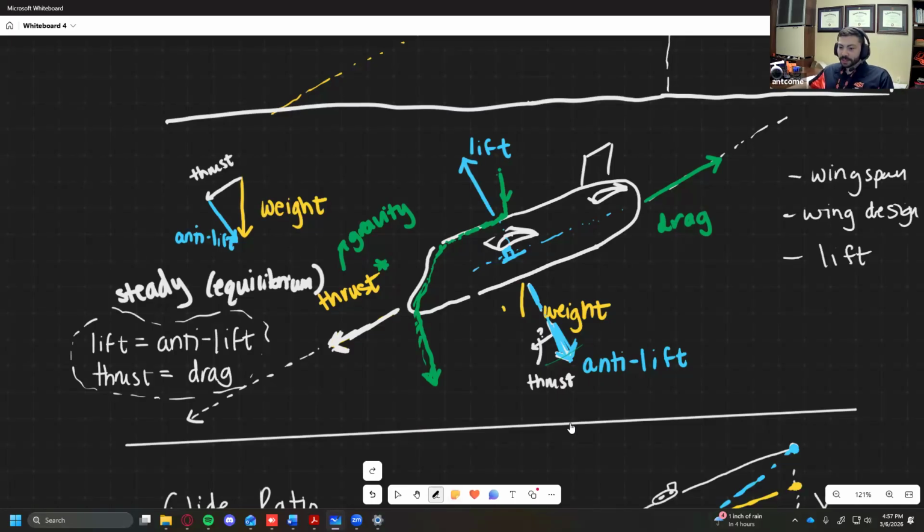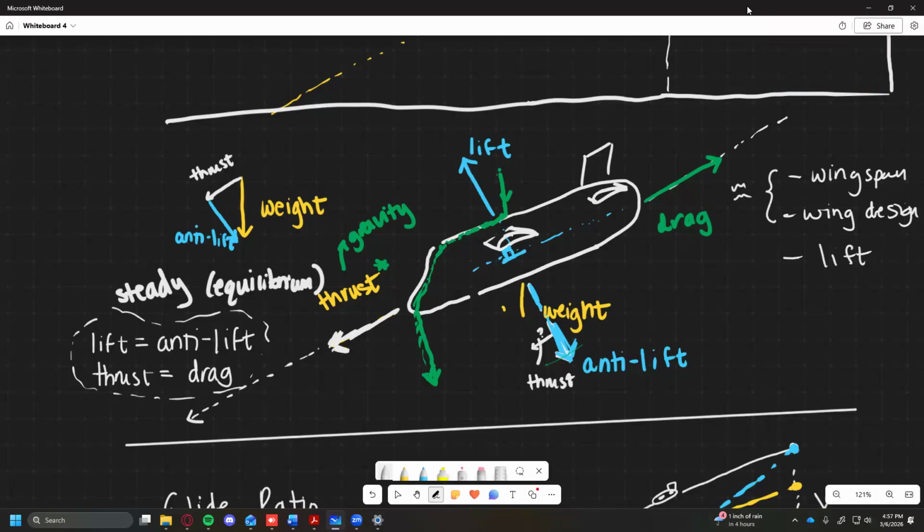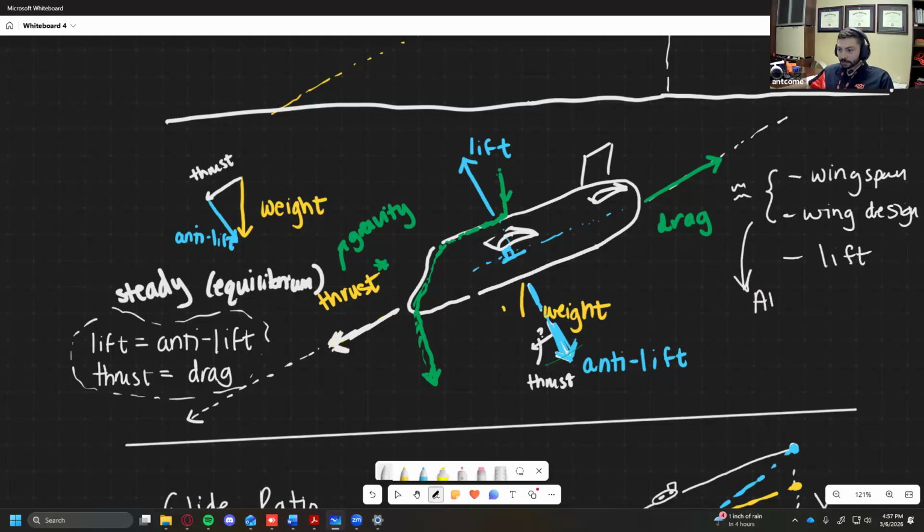Okay, I'll give some partial credit to these. These are partially correct. Isn't it length over the area? Aspect ratio is what you're talking about. What does all this influence, though, at the end of the day?